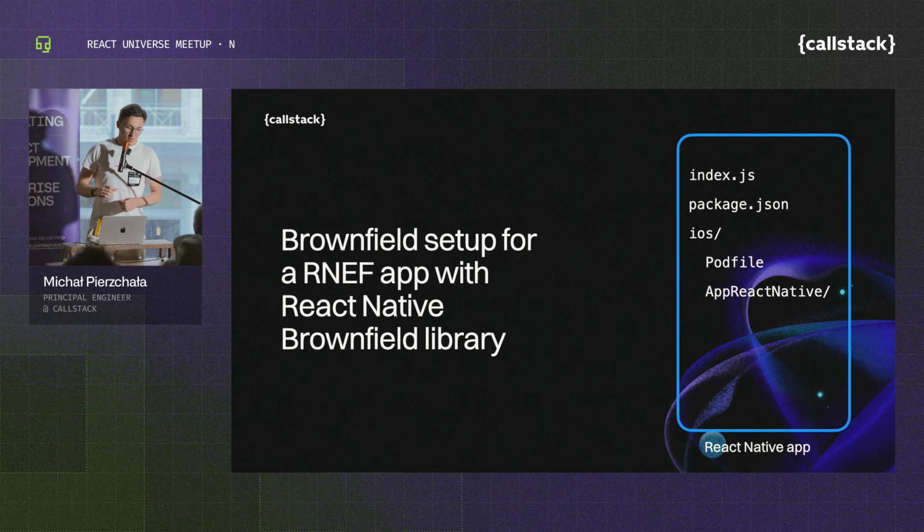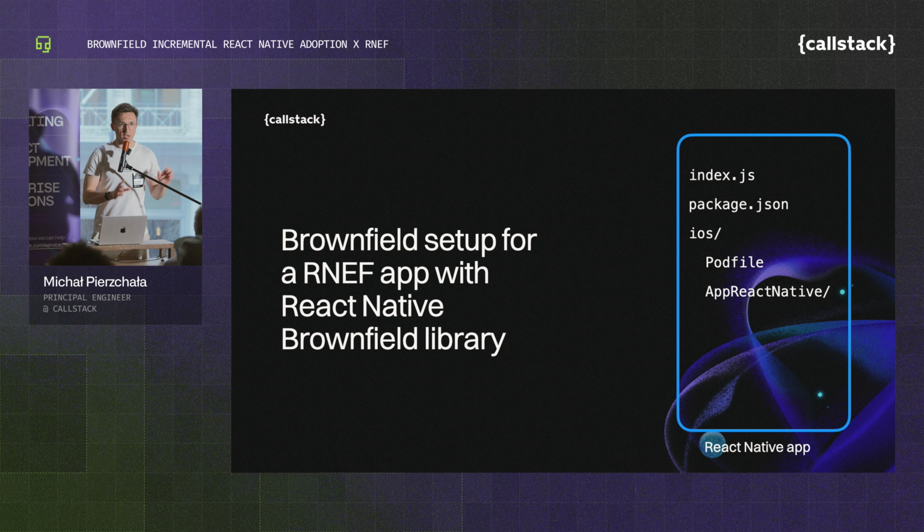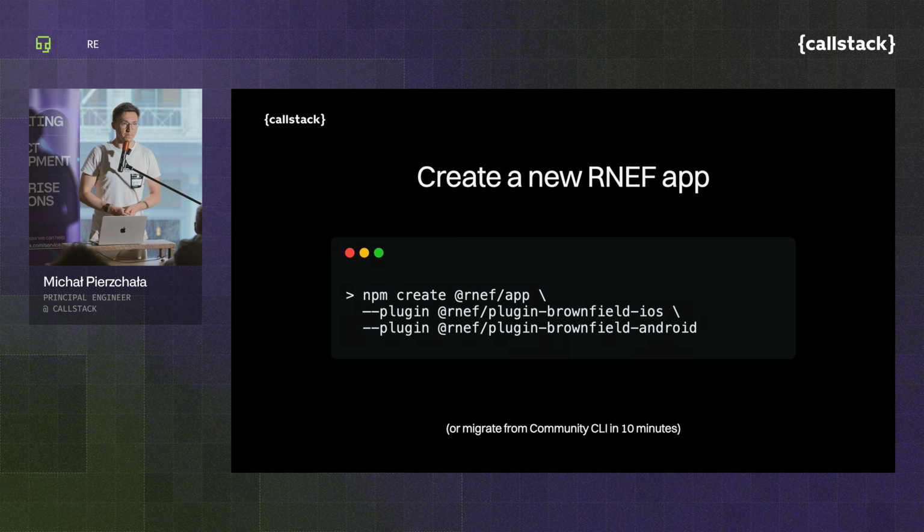So what would the Brownfield setup look like with RNEF, or React Native Enterprise Framework, that we're building at Callstack, with the React Native Brownfield library? So again, we started with, let's shift some files around, let's add CocoaPods, let's add NPM, and maybe somehow you'll be able to display React Native in your iOS app, and we'll see where this will go.